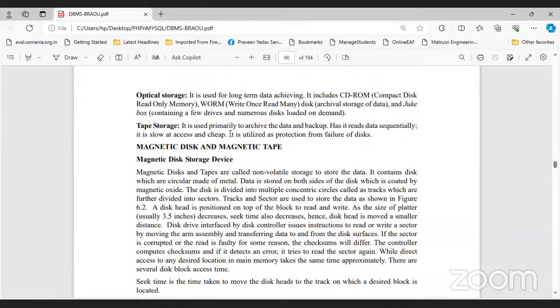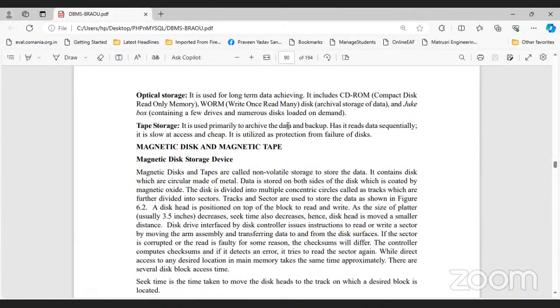Tape storage is used primarily to archive data and for backup, as it reads data sequentially. It is slow at access and cheap. It is utilized for protection against the failure of disks. Tape storage means, in olden days, they used tape records to listen to songs or any audio.